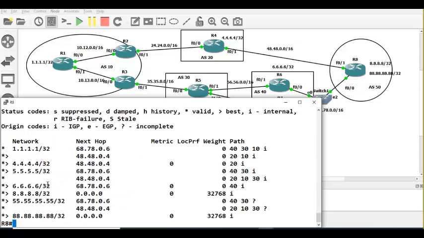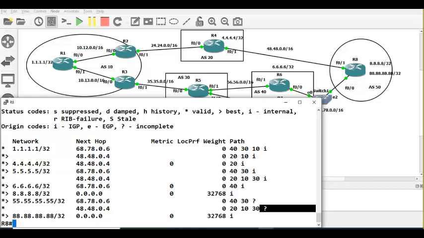Yeah, for 6.6.6.6, 3 hops and 1 hop. It will go via 1 hop. It goes via router 6. Likewise 5.5.5.5, it goes via router 6 because it's only 2 hops. Via both the paths you get question mark.